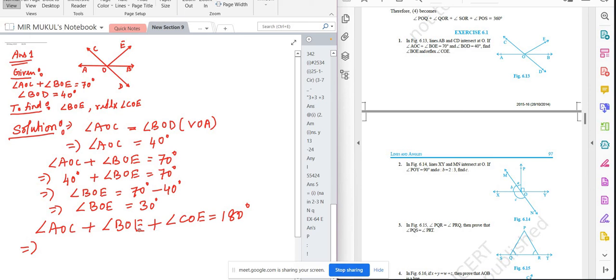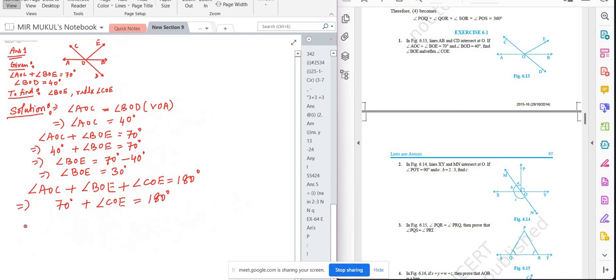Now AOC plus BOE already we know 70 degree, plus angle COE equals 180 degree, right? So here we are getting angle COE equals 180 degree minus 70 degree.